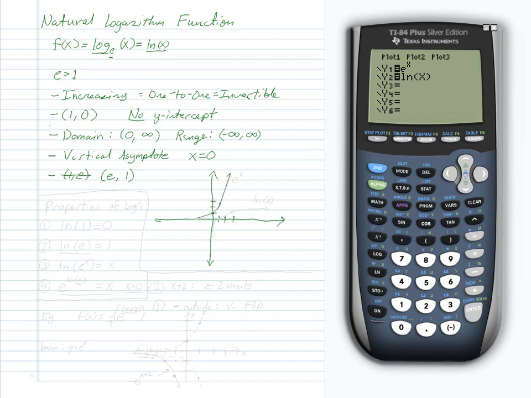E to the x, remember, looked like our exponentials, horizontal asymptote along the x-axis. Our logarithm function will have the x-intercept we discussed, a vertical asymptote along the y-axis. It will pass through the point (e, 1), so about 2.7 and a height of 1, and will be increasing over its whole domain.